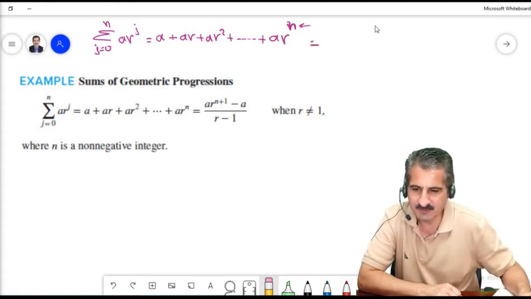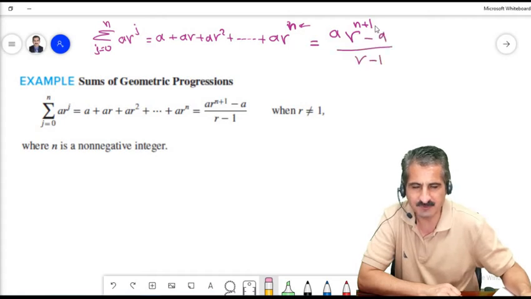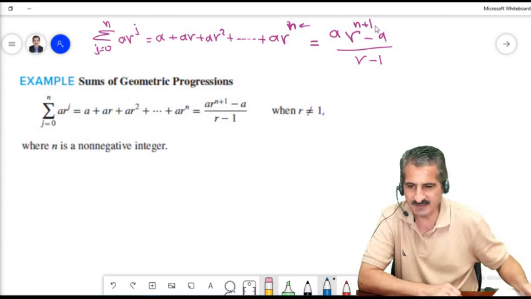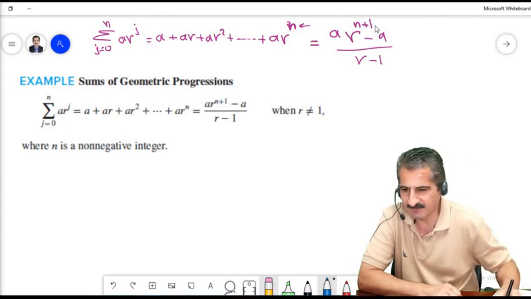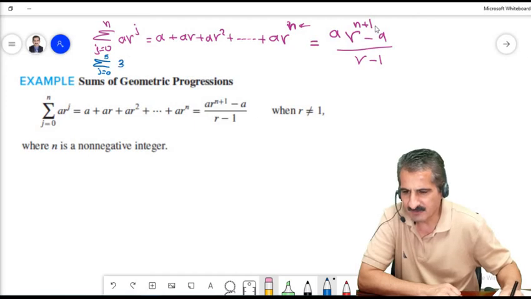We want to show that this summation equals a r to the power n plus 1 minus a, over r minus 1. Okay, so if we run it on an example, let's say j from 0 to 5 of 3 times 1/2 to the power j.